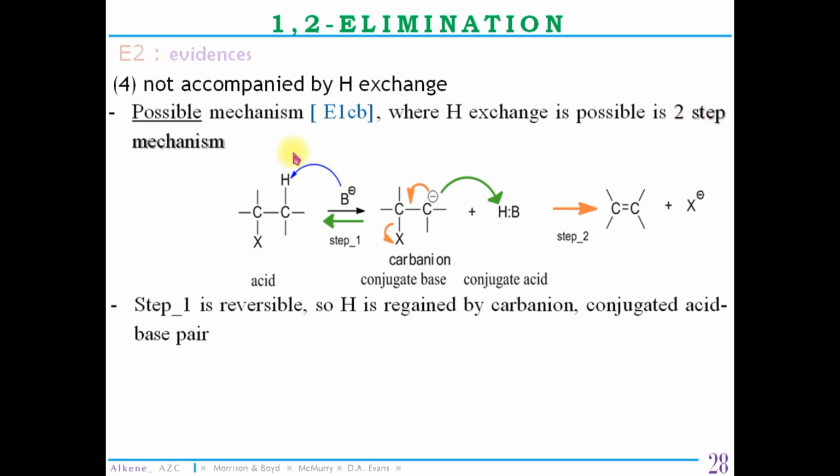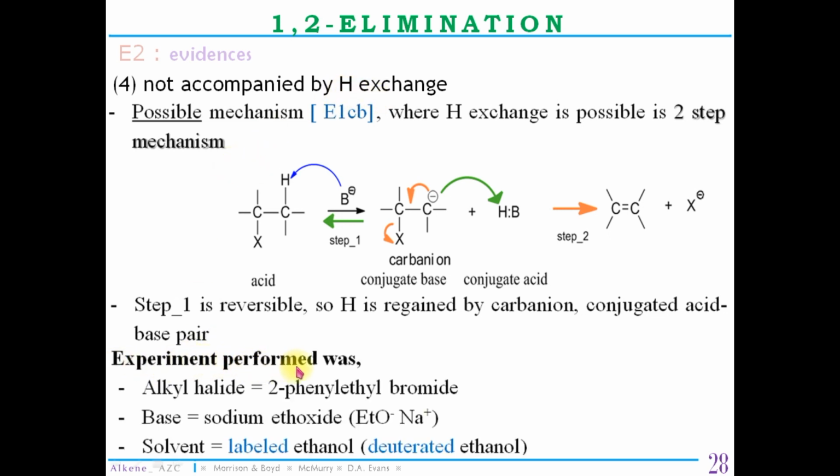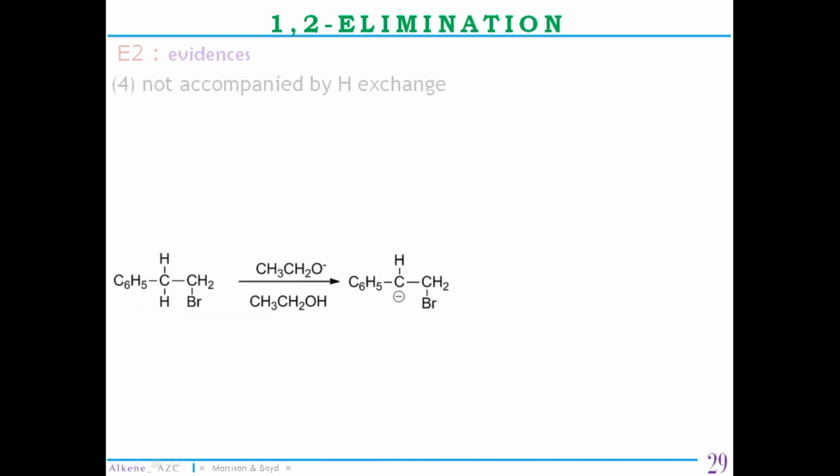Now to prove whether E2 is a two-step mechanism where hydrogen exchange is possible or not, an experiment was performed where the alkyl halide was 2-phenyl ethyl bromide, the base was sodium ethoxide, and the solvent used was labeled ethanol, that is deuterated ethanol. In the reaction, phenyl ethyl bromide reacts with ethoxide ion which gives a carbanion, and this ethoxide ion converts into ethanol.